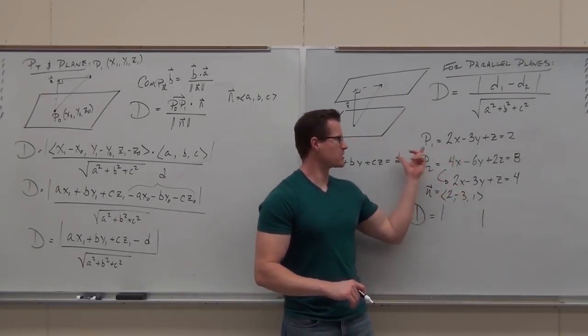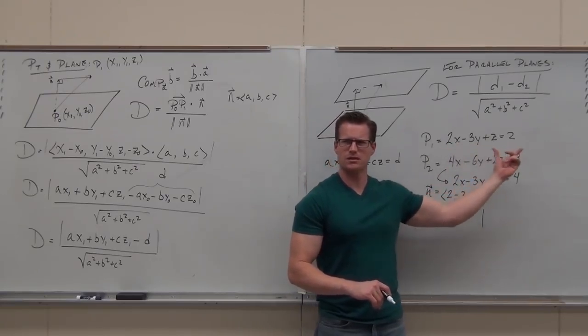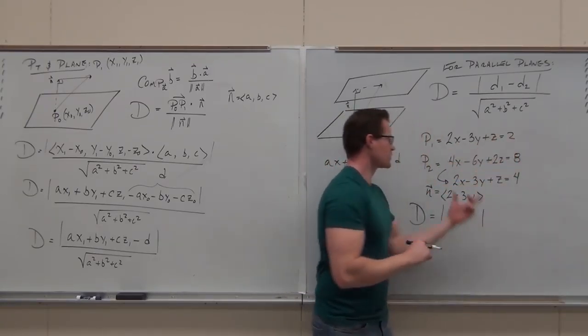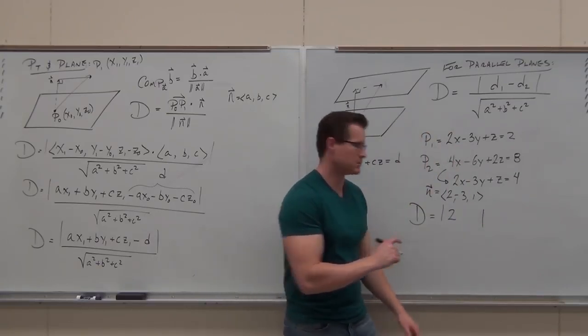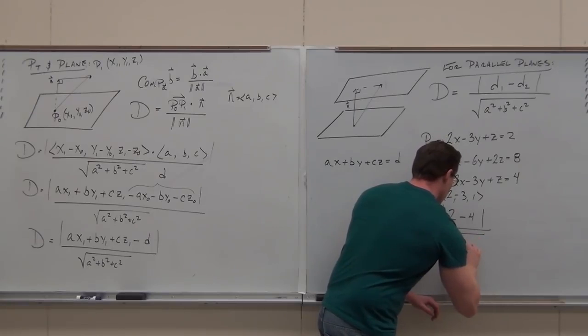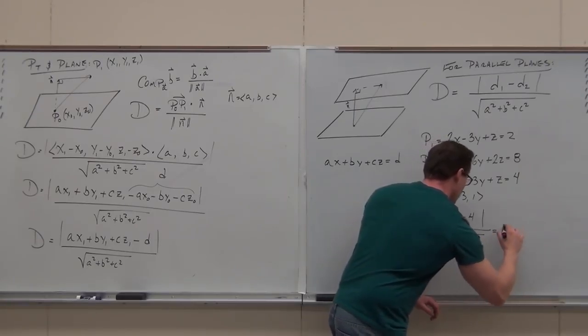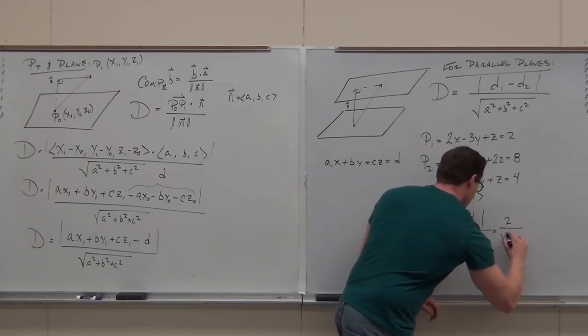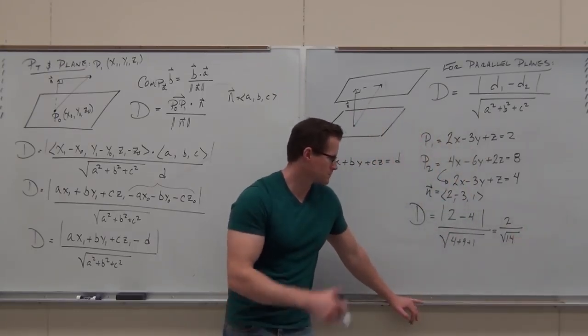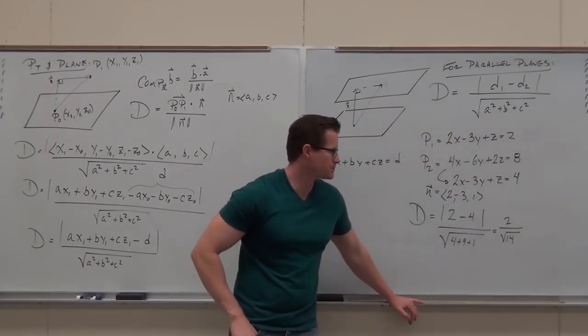What's our D for the first plane? 2. What's our D for the second plane? 4. That's the distance between those planes. Yeah, square root of 14.